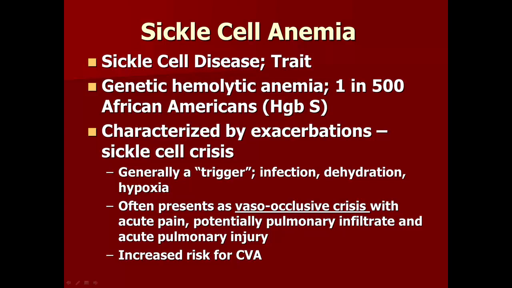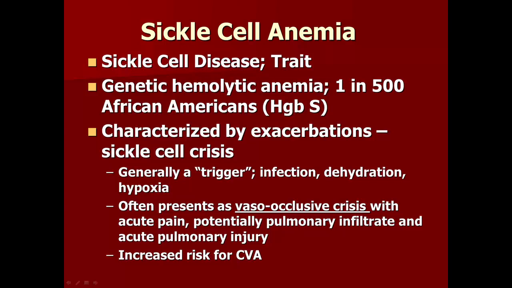When we think about sickle cell anemia, remember this is a hemolytic anemia, and the red blood cells have hemoglobin S, which is not a normal hemoglobin. What that hemoglobin S does is it changes its shape, especially when it is exposed to a low oxygen environment.